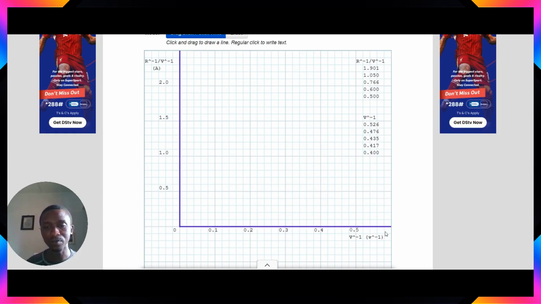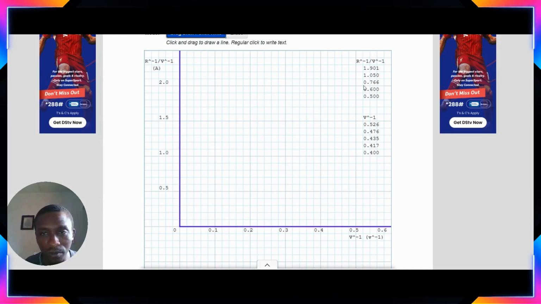And finally we have 0.6. And I've labeled my axis. This is the horizontal axis, V inverse, and the ratio of R inverse to V inverse, that's the vertical axis. I've labeled my axis. Now plotting the points without wasting time. So I'm just going to plot the points quickly.